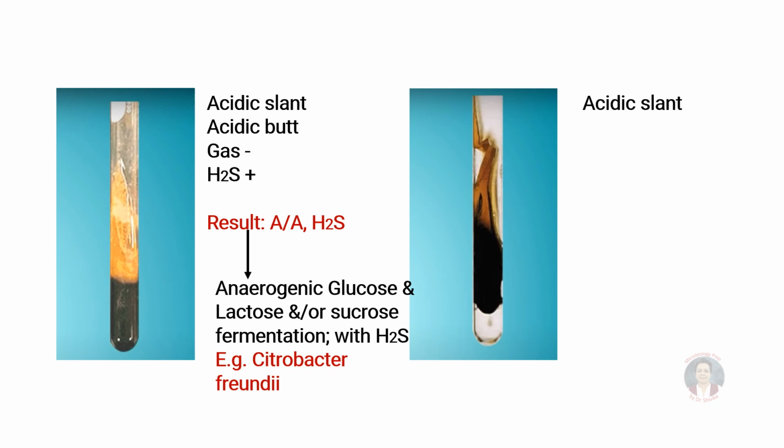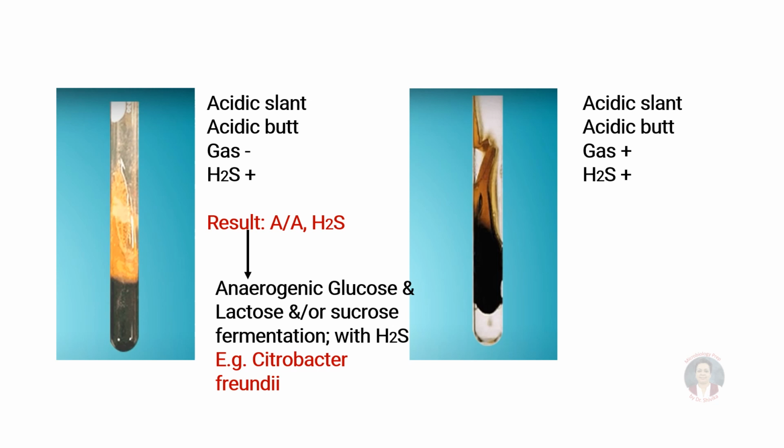On the right hand side, you can see an acidic slant, an acidic butt, CO2 has been produced, and H2S is positive. Again, I'm repeating, why do we say it is an acidic butt? In both these images, you can see H2S has been produced, and H2S is always seen only when sugars have been fermented.